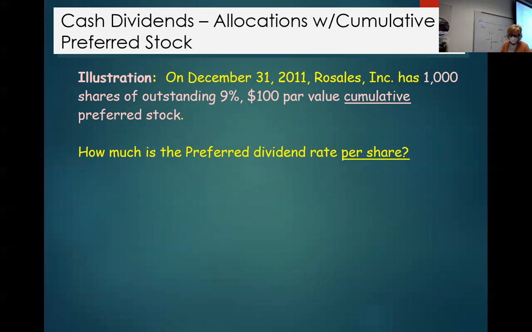The 9% is correct. 9% times $100 par value. So it's going to be $9 per share. Write that down if you take notes.